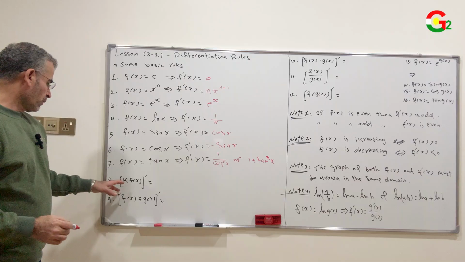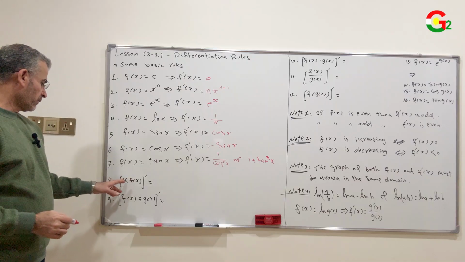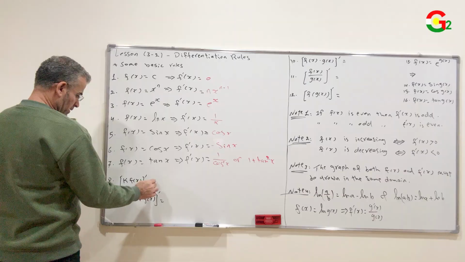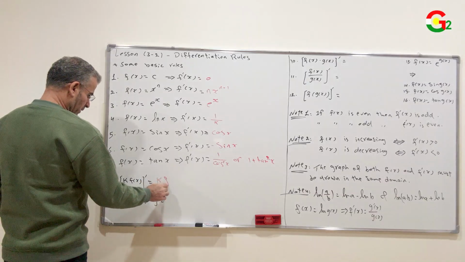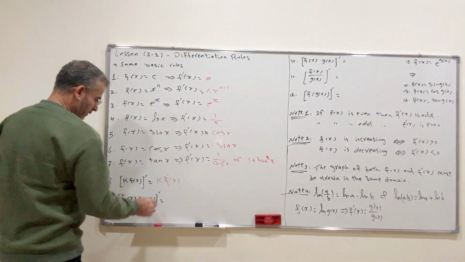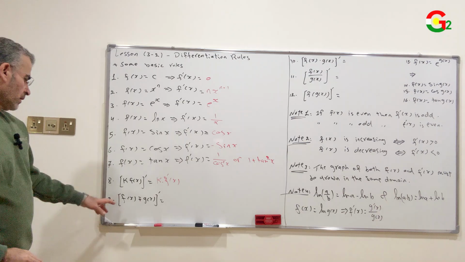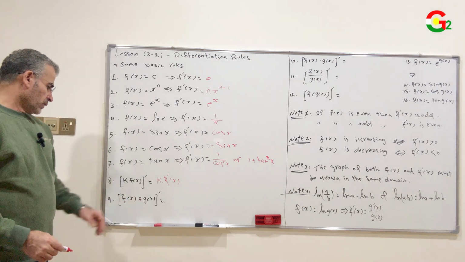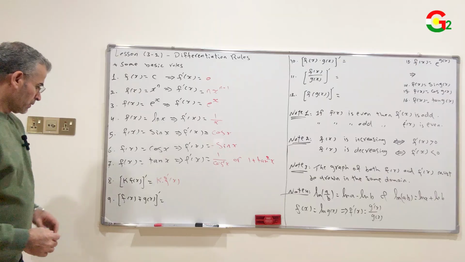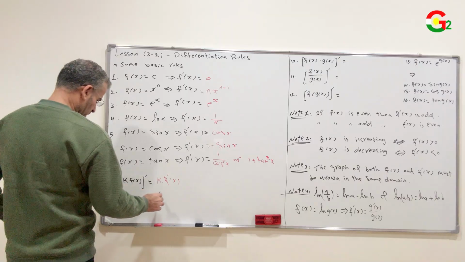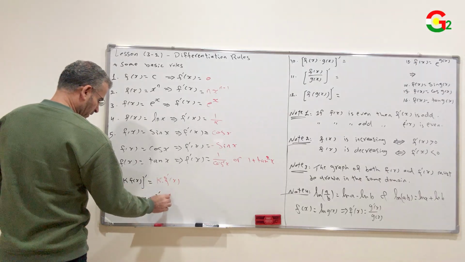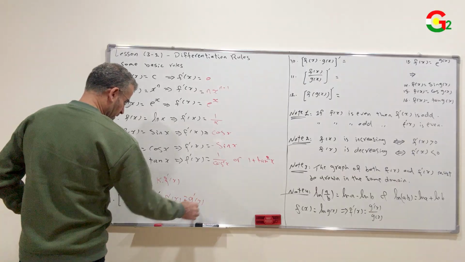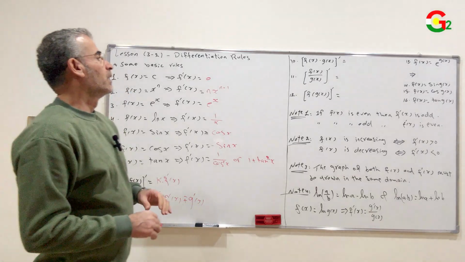If we want to find the derivative of a constant times a function, then this equals the constant times the derivative of the function. The derivative of the summation of two functions, or the difference of two functions, is the derivative of the first one plus or minus the derivative of the second one.